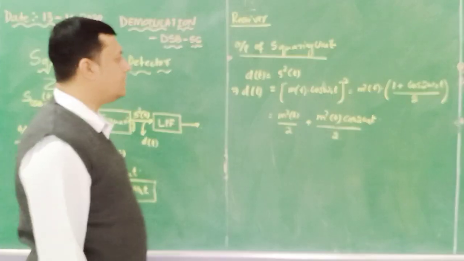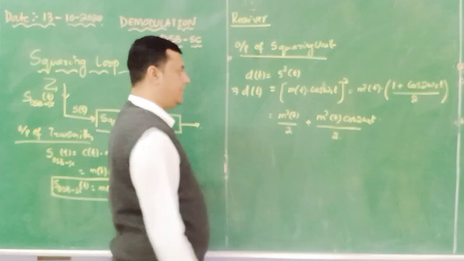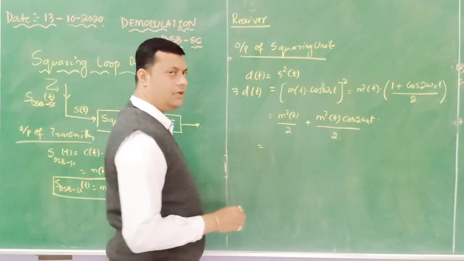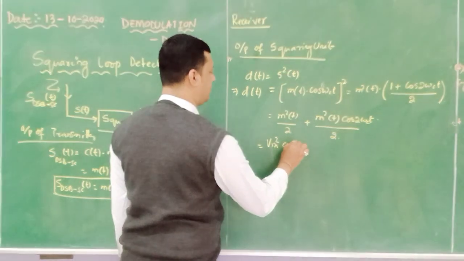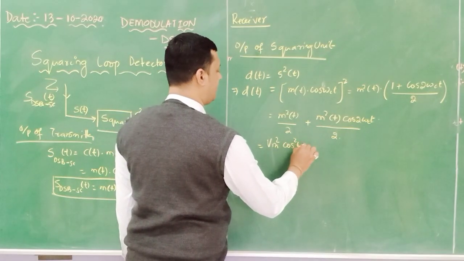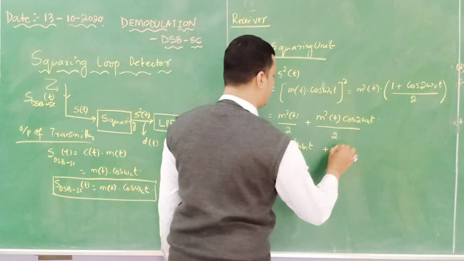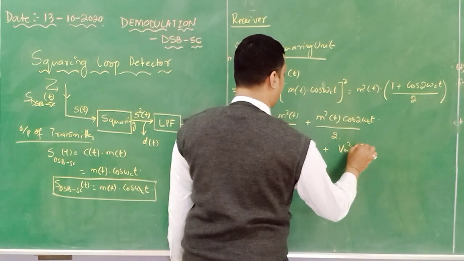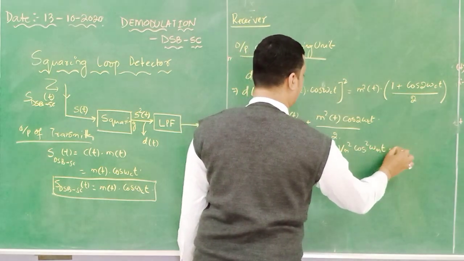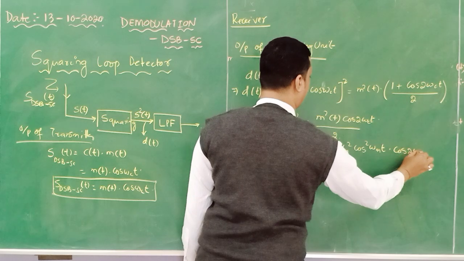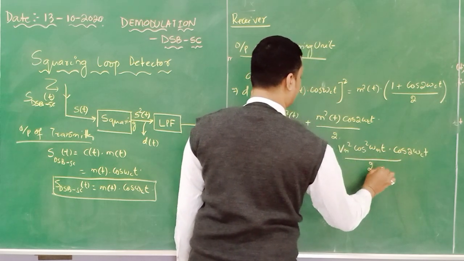Okay. Now since this is the higher frequency component, what is our m of t? M of t is Vm square cos square omega mt divided by 2. Similarly, Vm square cos square omega mt cos 2 omega ct divided by 2.